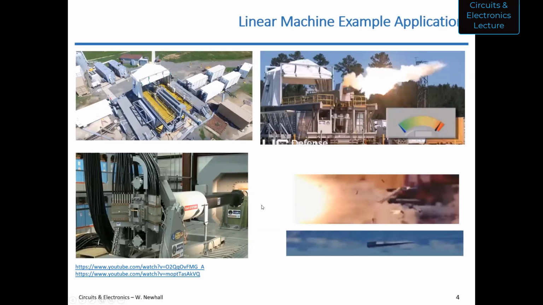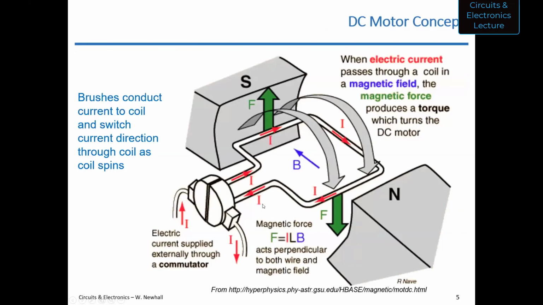More commonly, you have rotational machines. So here is an example of a DC motor. Let me show you what's going on here. You have a couple magnets, north pole on the lower right, south pole on the upper left, and you have a couple wires down here at the lower left where current can flow in and out of the circuit.